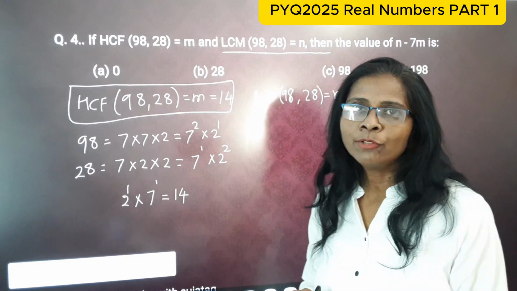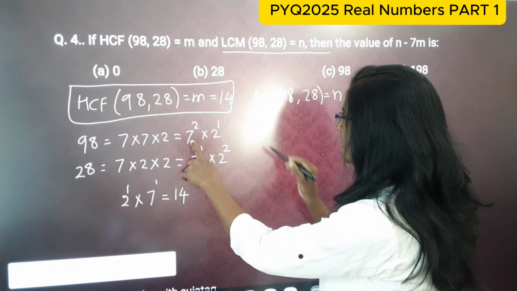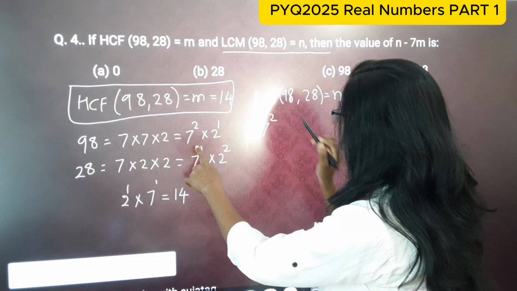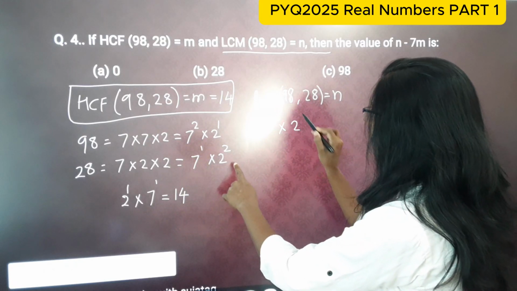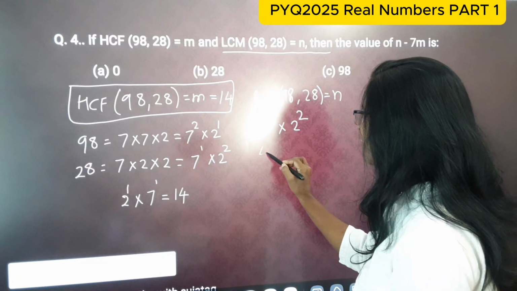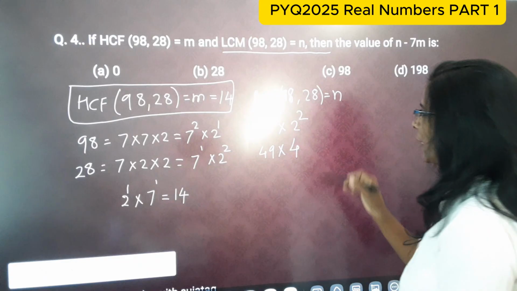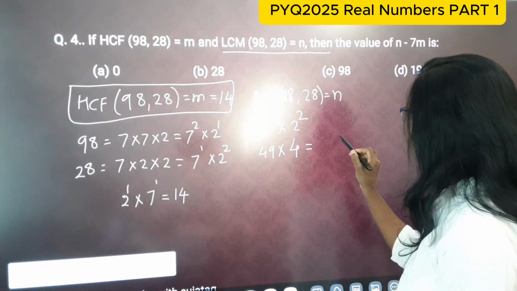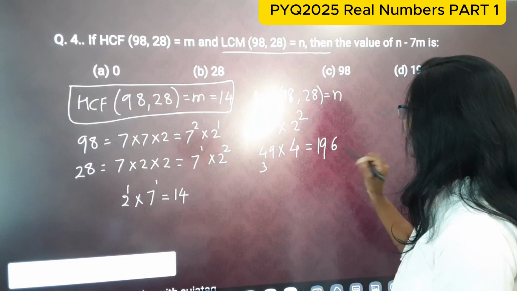Now we have to find out the LCM, that is the highest index of the number, that is the square of 7 and here the square of 2. That means square of 7, that is 49, multiply 4, and that means 196.